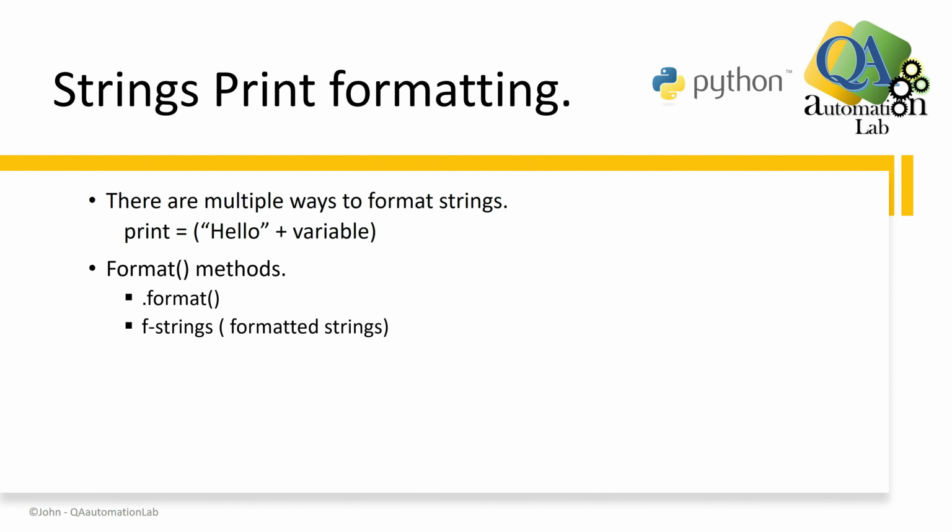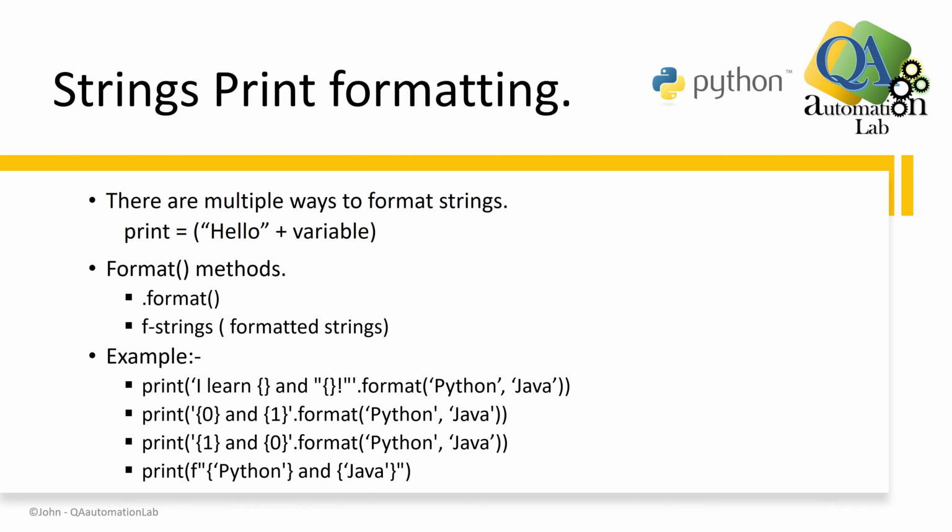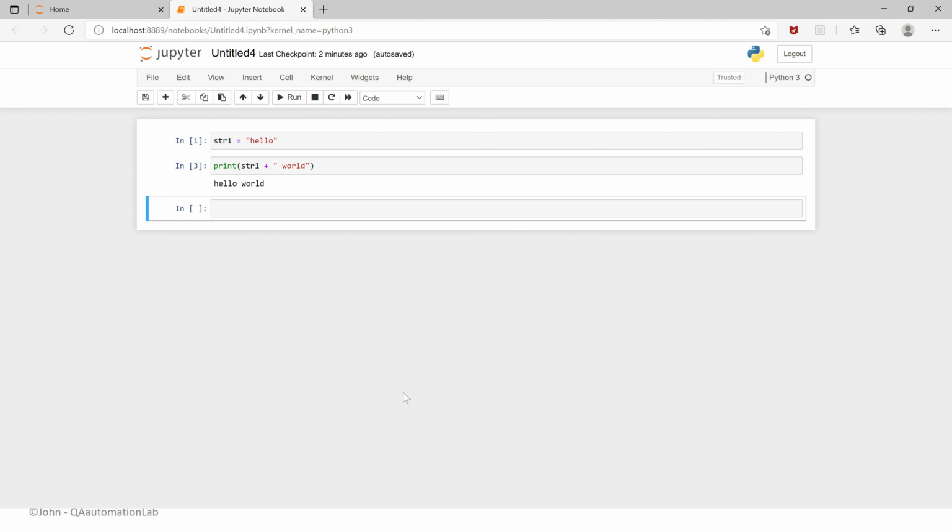In print format we have two methods available. One is format and another one is fstrings. See, these are the examples. Here I can get the value using format function. Let me show you the first example in Jupyter Notebook.